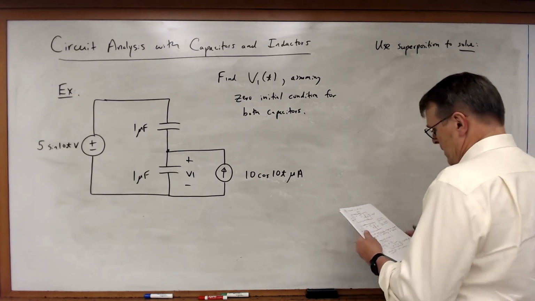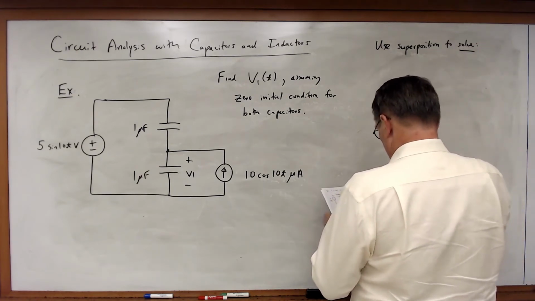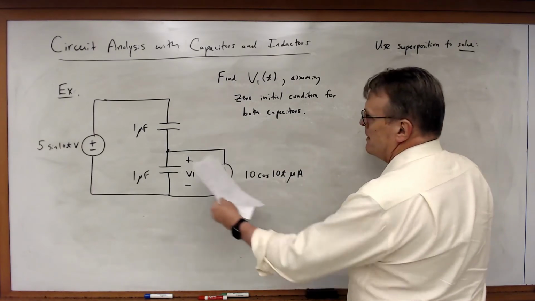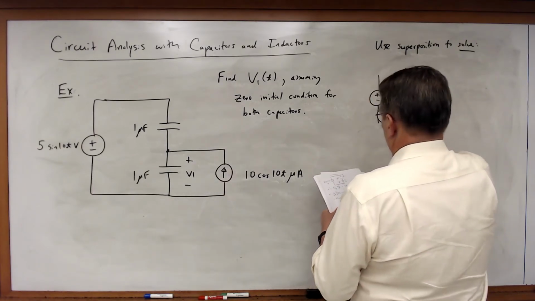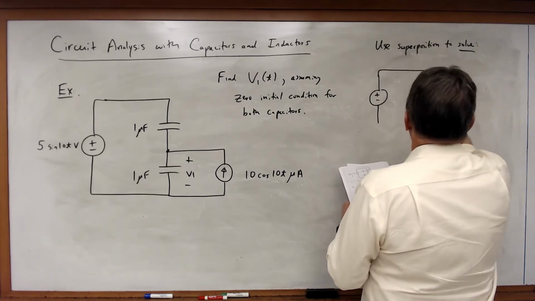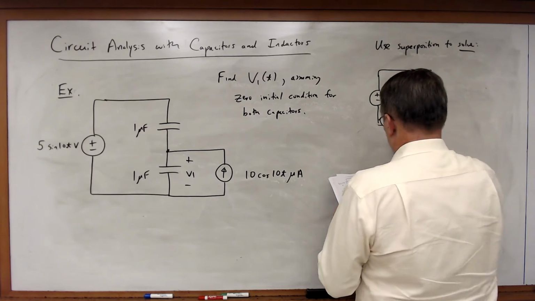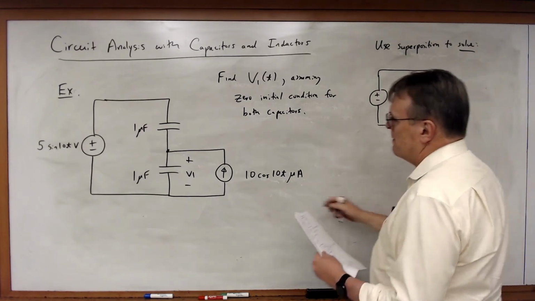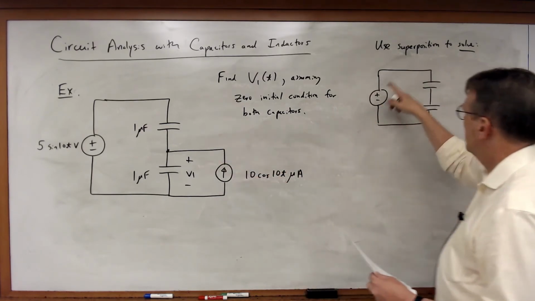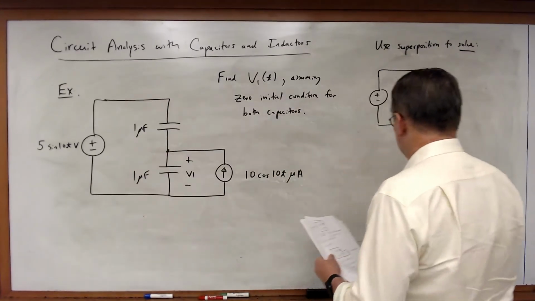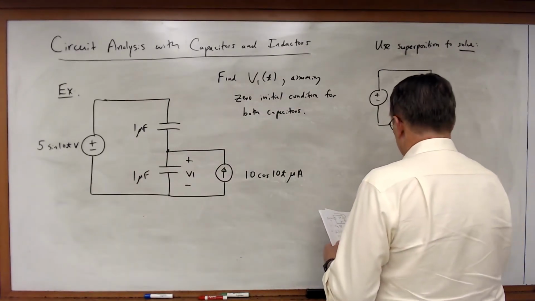So it turns out I can draw the circuit like so. I've got two independent sources. So first I'm going to zero out the current source, and I have this. Then I'm going to zero out the voltage source, and that will give me this.